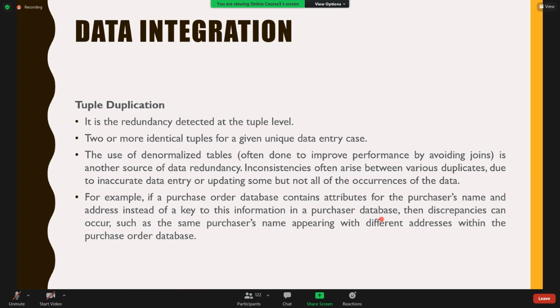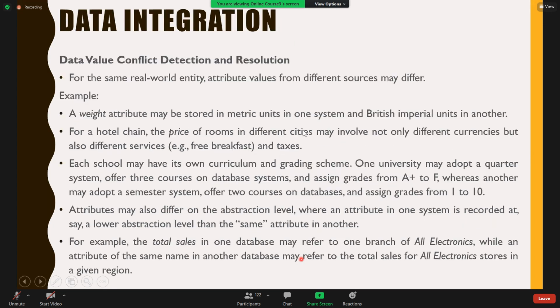Okay. This kind of redundancy at tuple level may also occur because of integrating data from multiple sources. And one more issue is data value conflict detection and resolution. This means that for the same entity, attribute values differ between multiple sources.